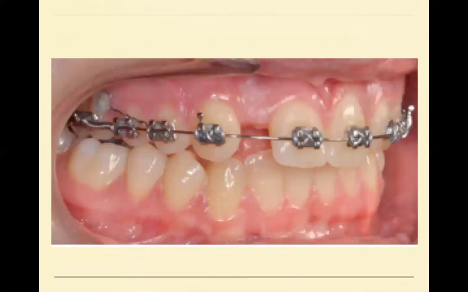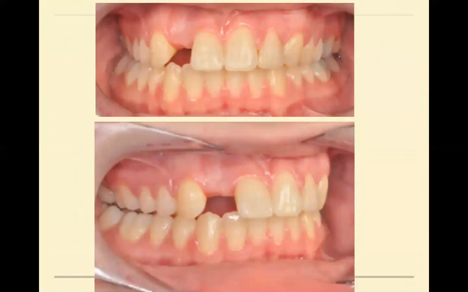It's going to move the 4 and 5 mesially, and it's going to move the 6 distally. But because the 4 and 5 are tied to the screw, which is anchored to the bone, the 6 only will move distally, while the 4 and 5 will not move easily. And as a result, we created a space for this patient, 7 millimeters, enough to enlarge and place an implant without jeopardizing the midline.